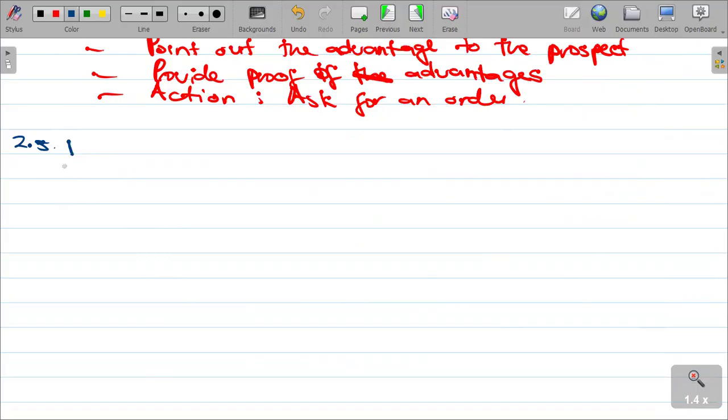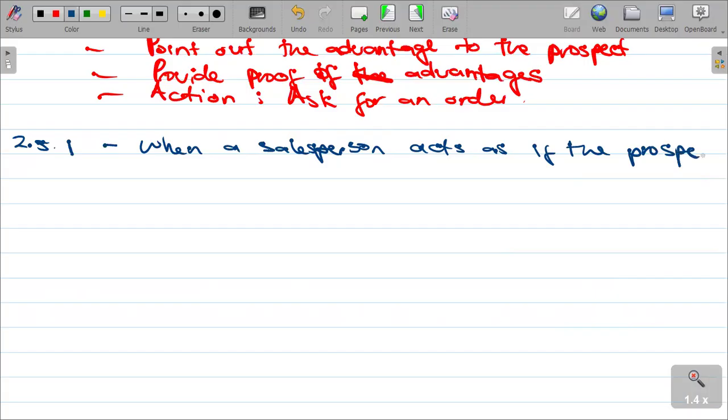The assumptive clause is when a salesperson intentionally acts as if the prospect has agreed to buy the product.